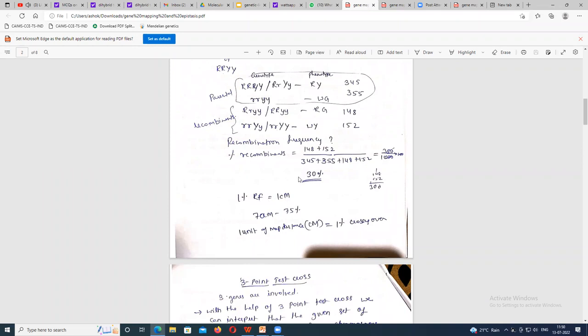Here you have 30% recombination frequency, so the distance between the two genes will be 30 centimorgans. One centimorgan can also be called one map unit. Map unit, 1 unit of map distance, or centimorgan, it is the same. So if there is 1 map unit or 1 centimorgan distance, it means there is 1% crossing over.